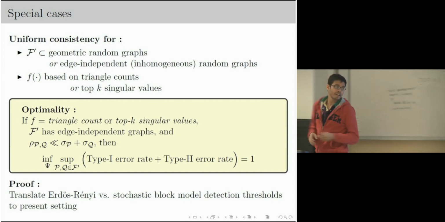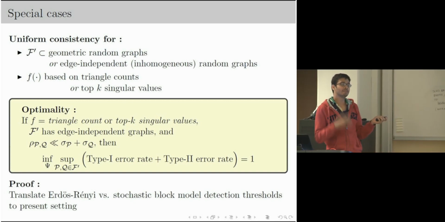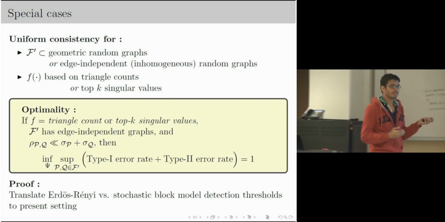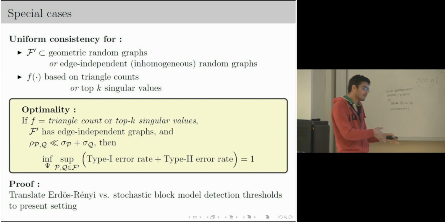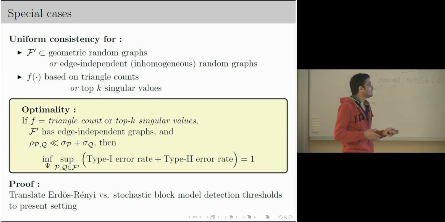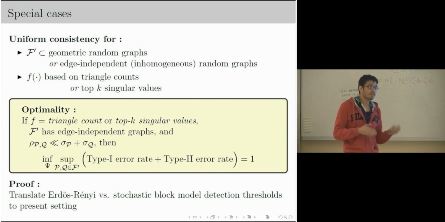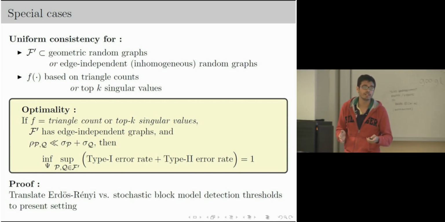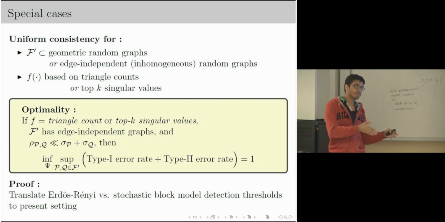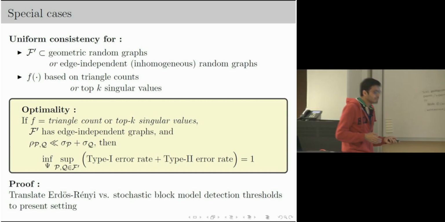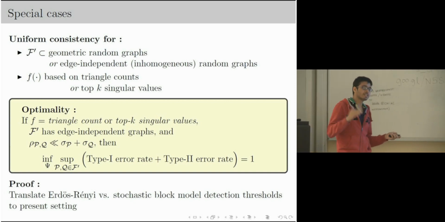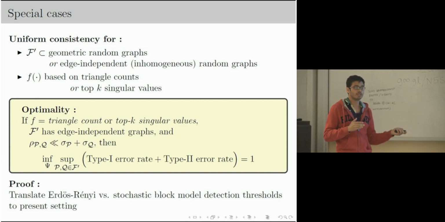And fun fact, this test is sometimes even minimax optimal. Because this is again based on results that are already known in theory. If your class of distributions is large enough so as to contain the stochastic block model and the Erdős-Rényi, then we already know that there is a detection threshold between these two models.